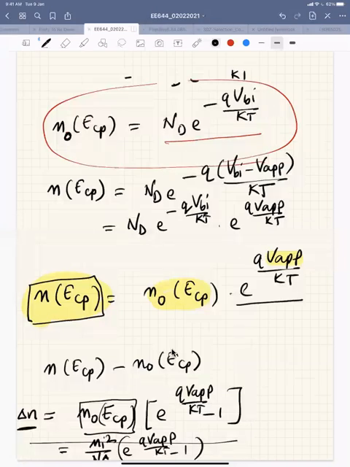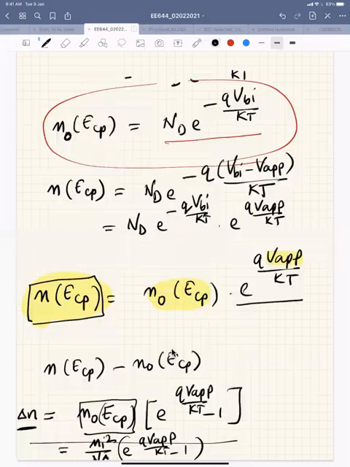So the moment you apply some forward bias, more electrons can be injected to the p side, and the electrons injected minus the electrons that were already existing in the p side is my excess carriers.